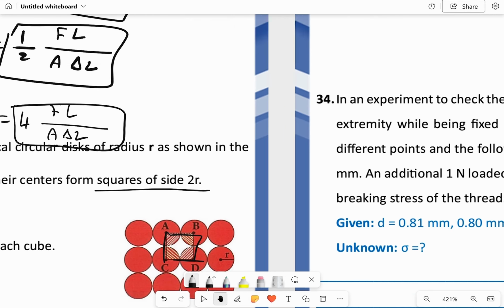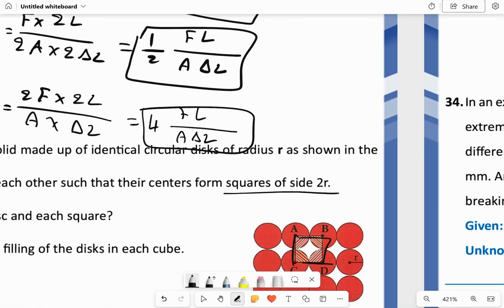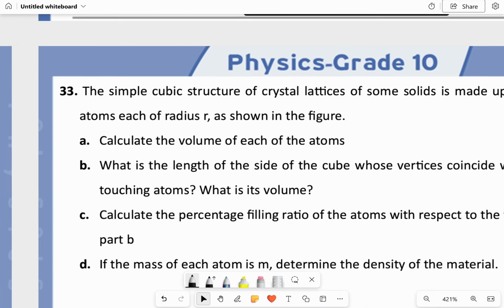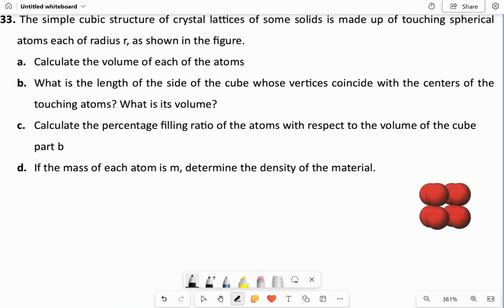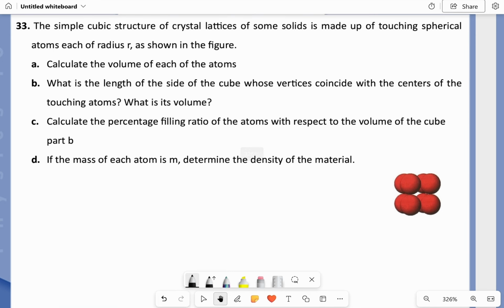Now you have question 33. The simple cubic structure of crystal lattice of some solids is made up of touching spherical atoms of radius r. As shown in the figure, calculate the volume of each of the atoms. You just need to write the equation for calculating the volume.